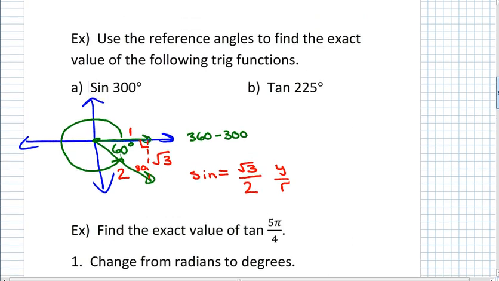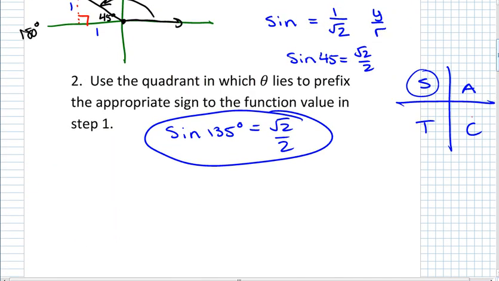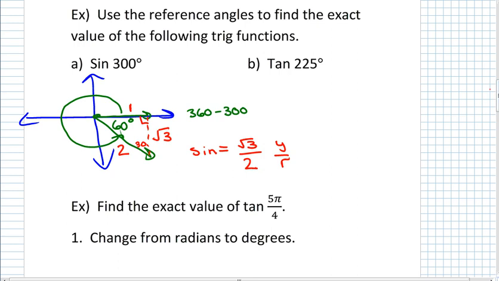Now, remembering our All Students Take Calculus, we're in the fourth quadrant, so the only one that's positive is the cosine. So that means the sine is negative, which means our value is negative square root of 3 over 2.